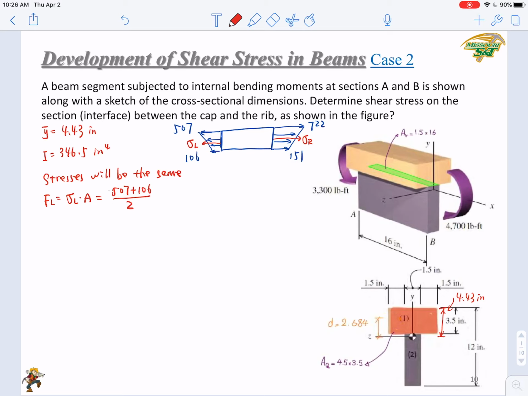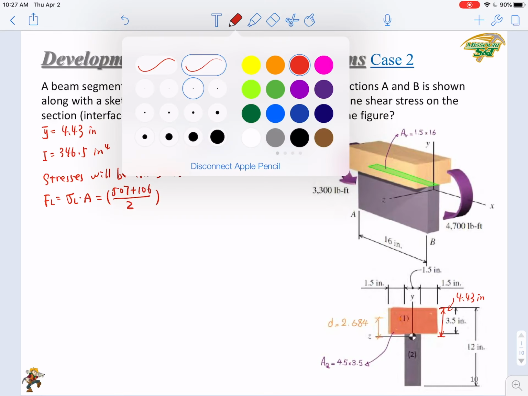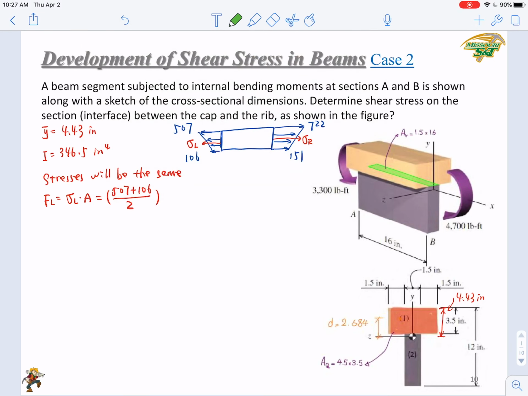But the area will be different, right? In the previous example, in case 1, our A is here. Now we're analyzing here. In case 1, our area was only the side flange, so we used 1.5 by 3.5. But in this case, the area is the whole cap.